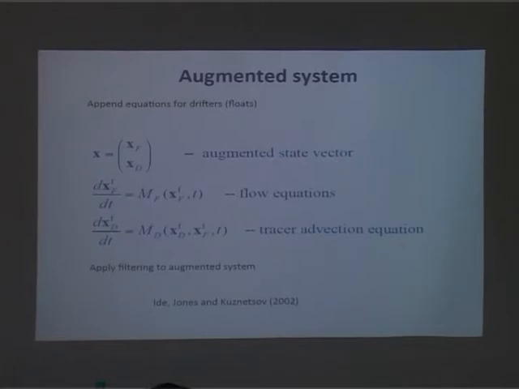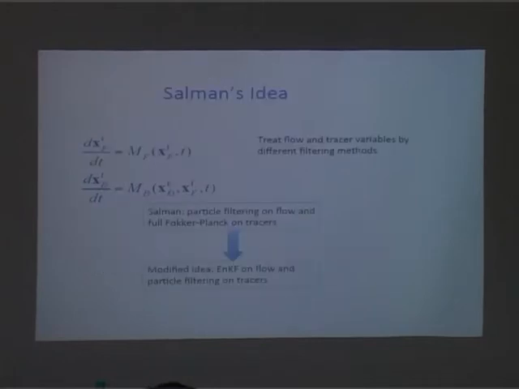Okay, next slide. Now Heider-Salmon's idea. Heider-Salmon was a postdoc who worked with me about 5-6 years ago, and he came up with this idea that because the tracer advection equations are two-dimensional, because they would be low dimension, treating them in terms of the data assimilation scheme separately or in a different way.